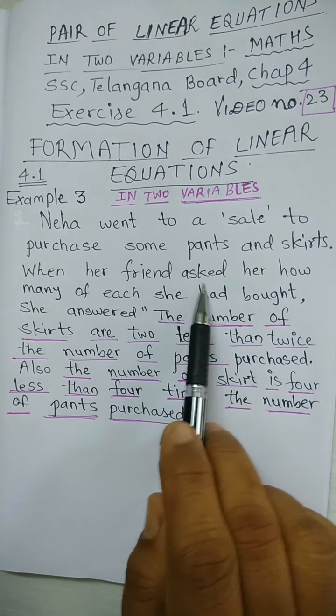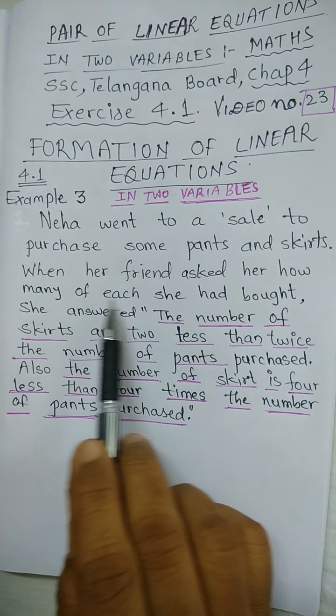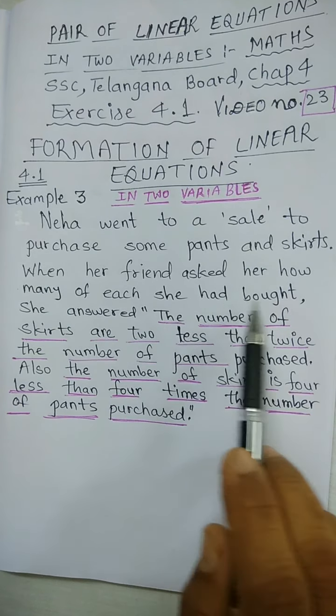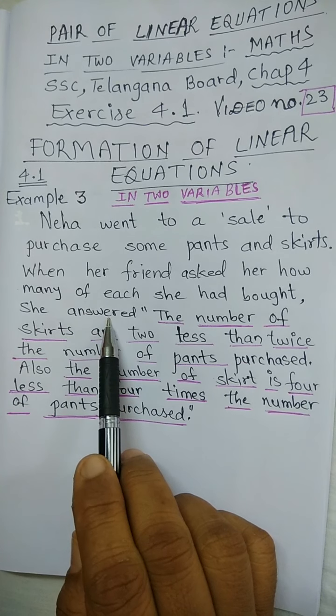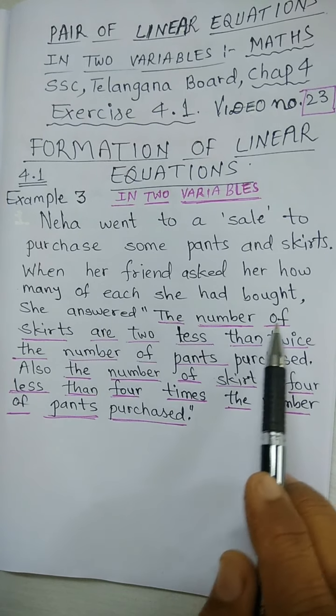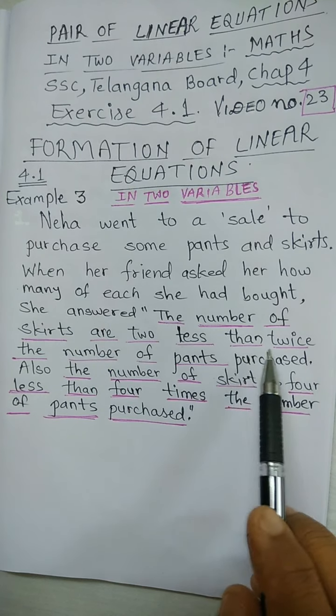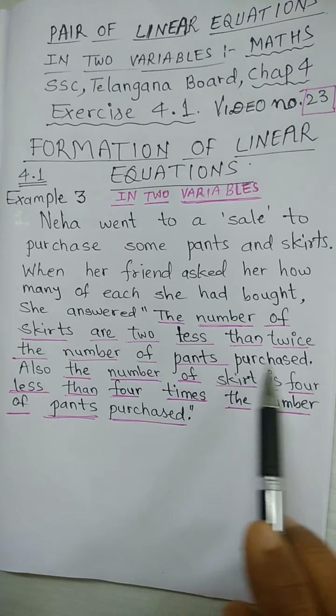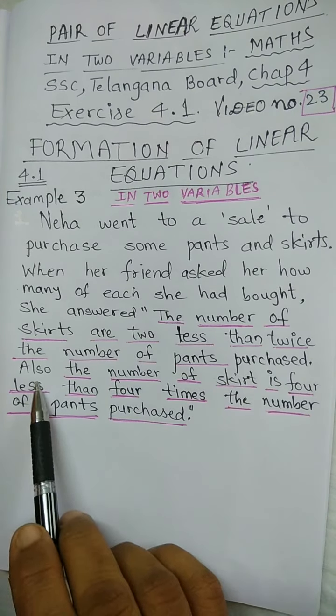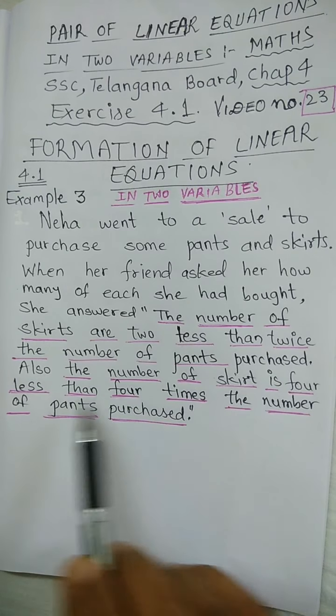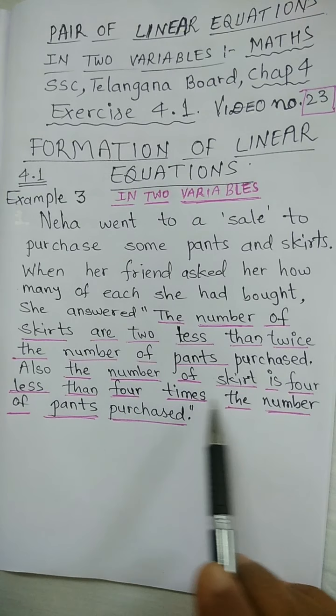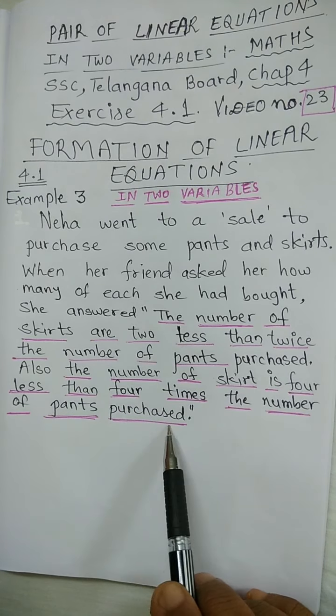When her friend asked her how many each of she had bought, she answered, "The number of skirts are two less than twice the number of pants purchased. And also the number of skirts is four less than four times the number of pants purchased."